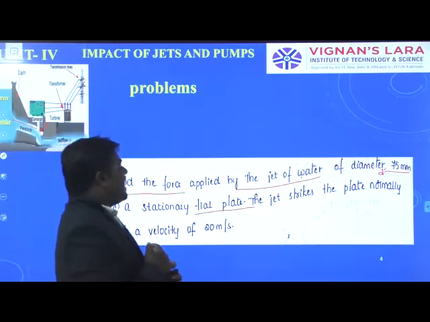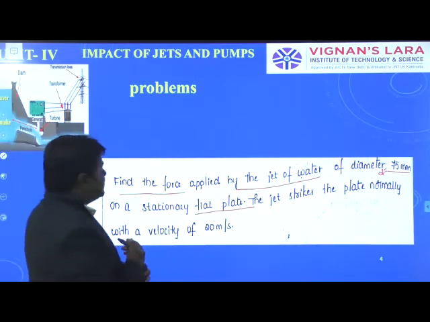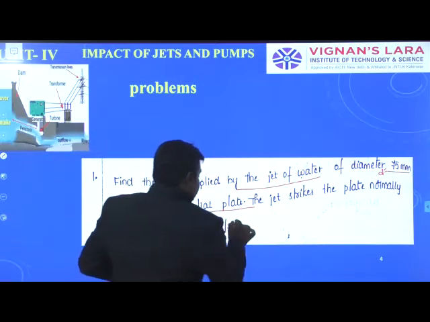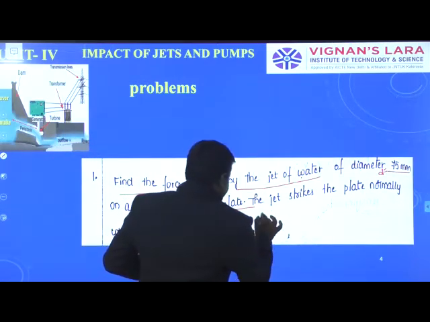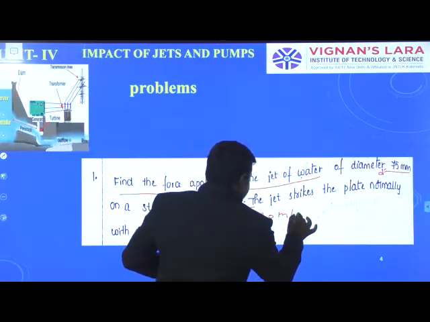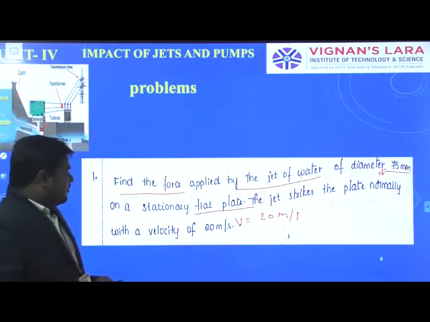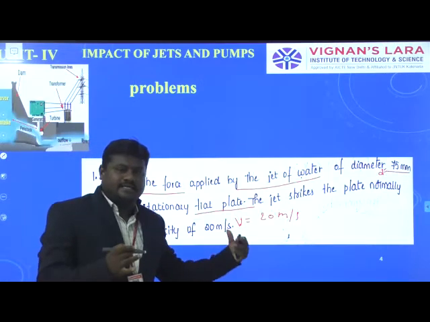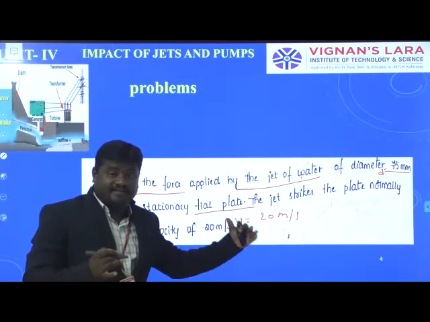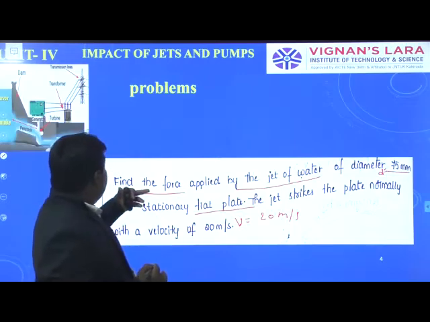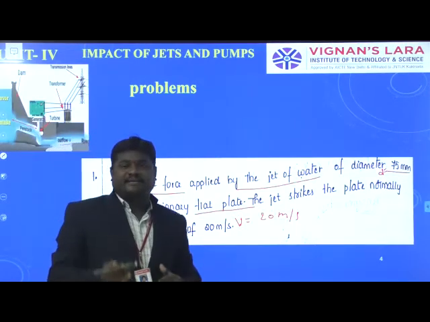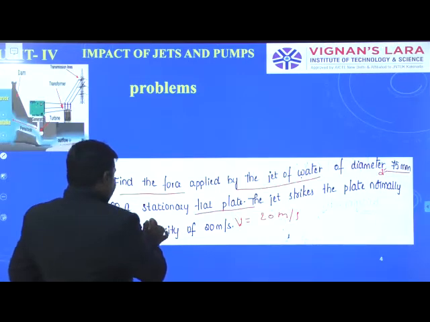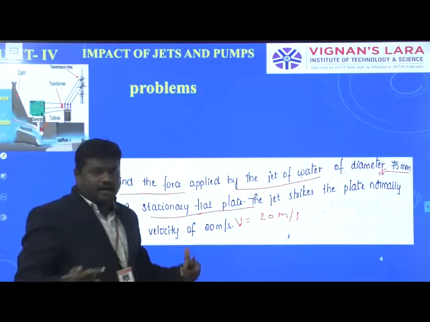The jet strikes the plate normally with a velocity of 20 meter per second, so the velocity is given as 20 meter per second. What we have to find out here is the forces. We know the forces belong to the previous classes: the impact of jets, the momentum equation for a stationary plate. We know the formula.